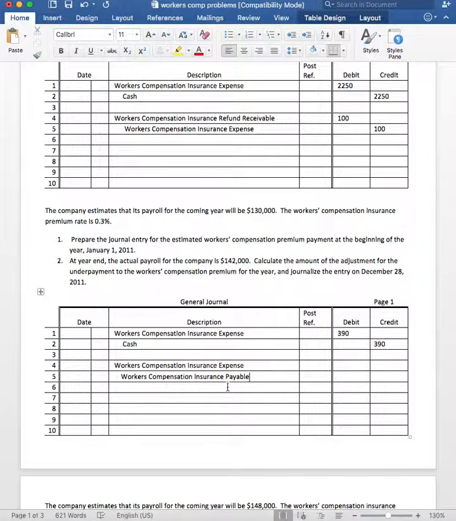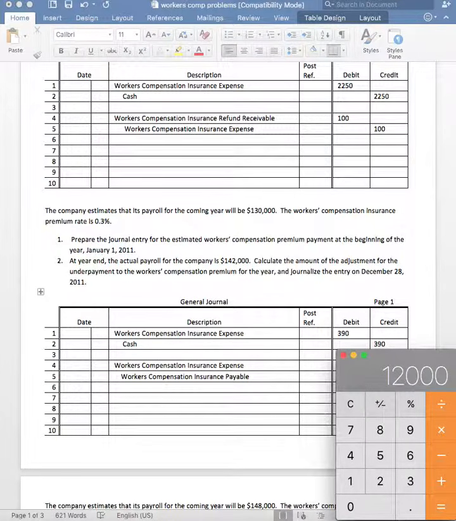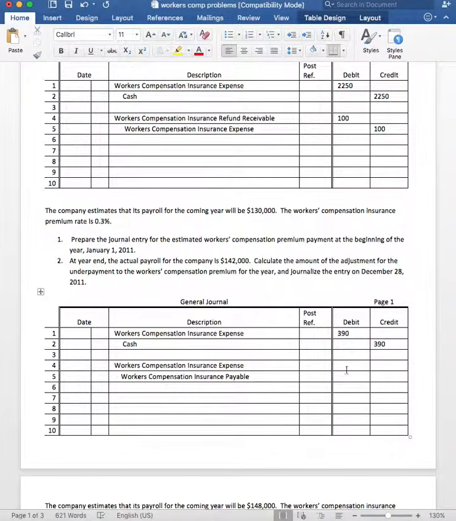Now we need to find our amount. The difference, $12,000 times 0.003, or 0.3%, $36. We need to purchase $36 more of insurance.